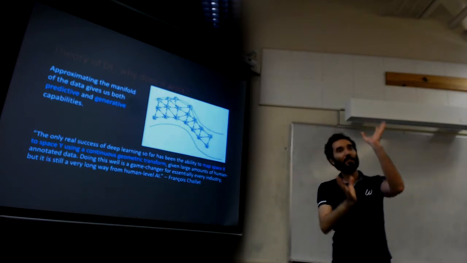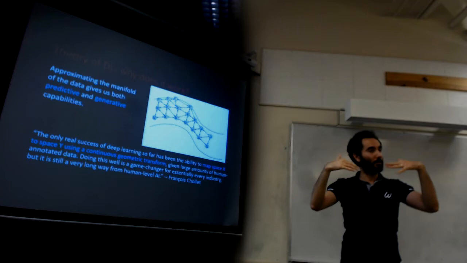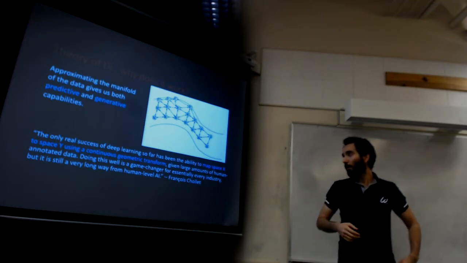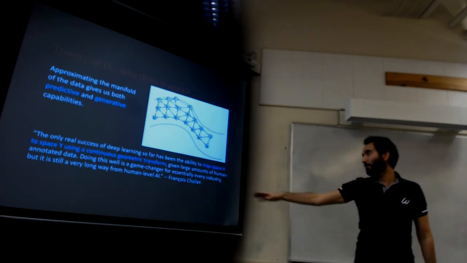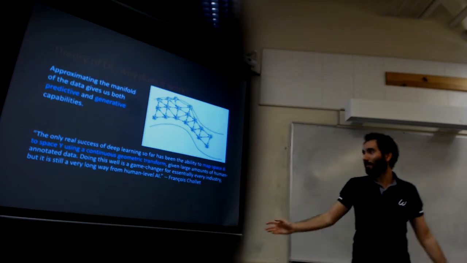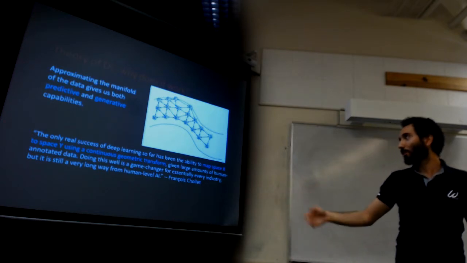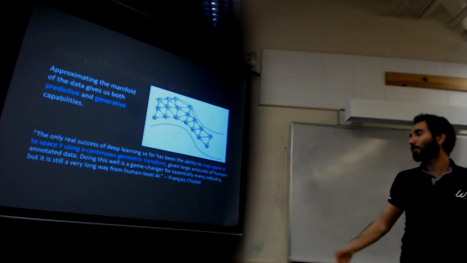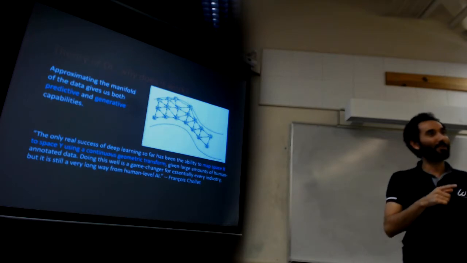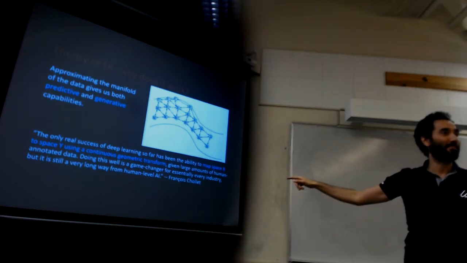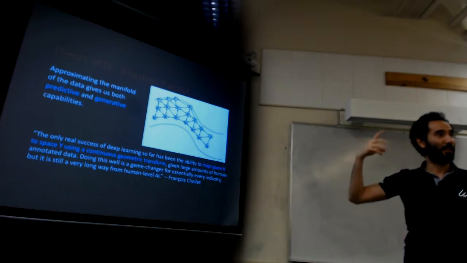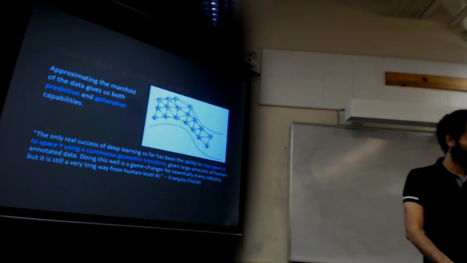So it's basically manifold embedding, the whole thing. Doing this well is a game changer for essentially every industry, but it's also important to know that it's very far from human perception and human intelligence.